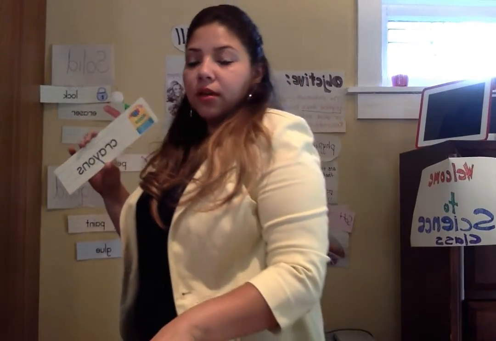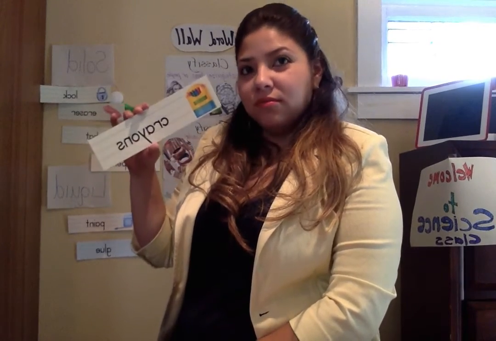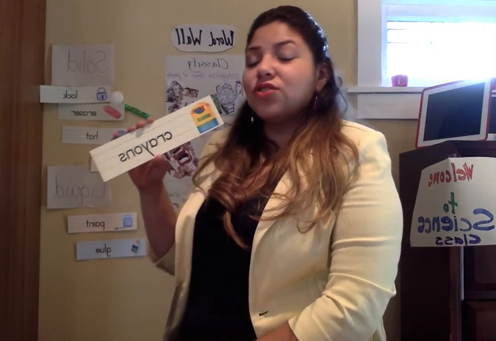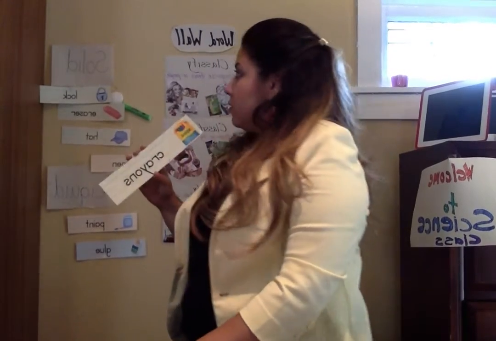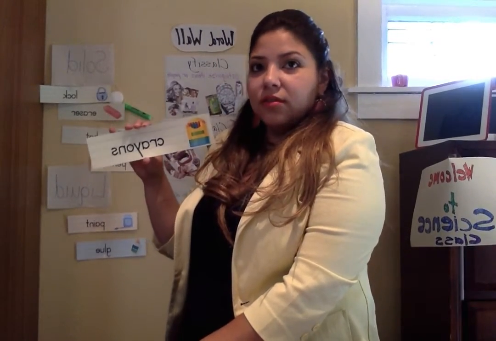crayons. Okay, I have a trick question for you. If I was to melt these crayons, would it still keep its shape? No. So would you say that crayons can start off as which physical property? Solid or liquid? Solid.